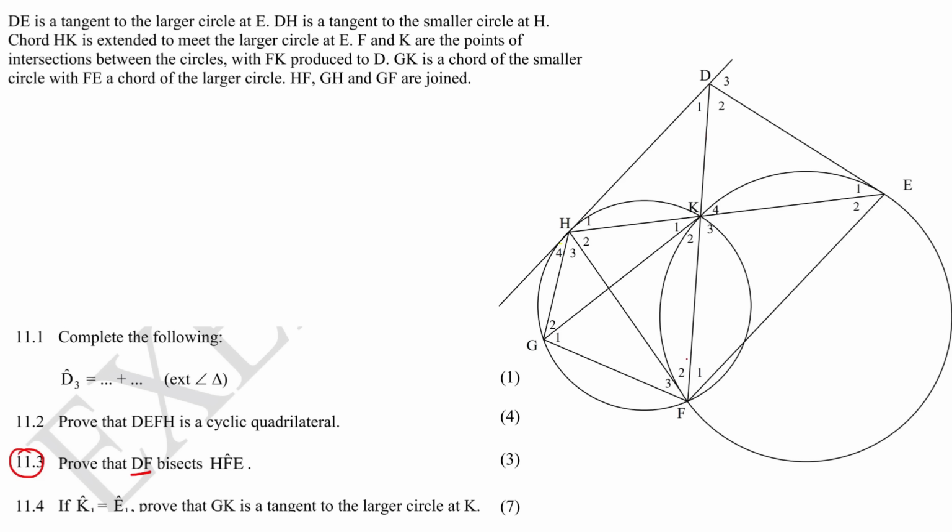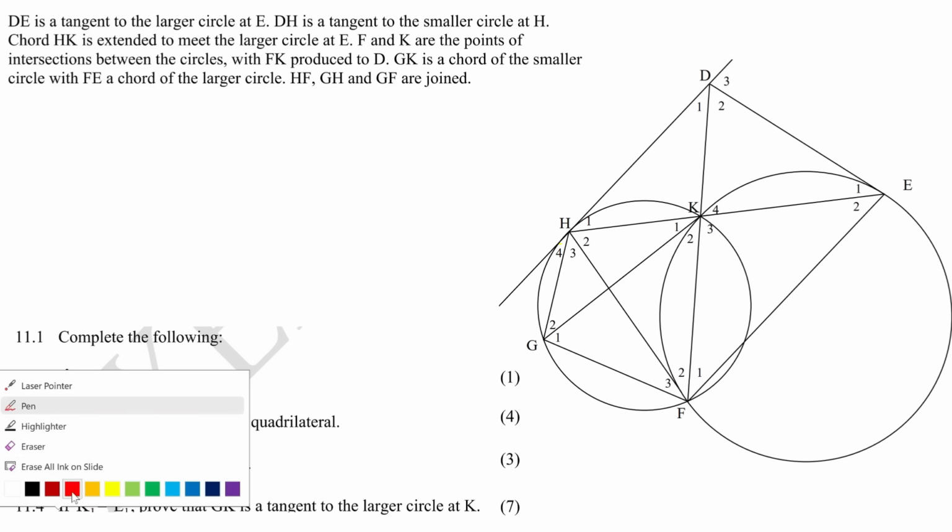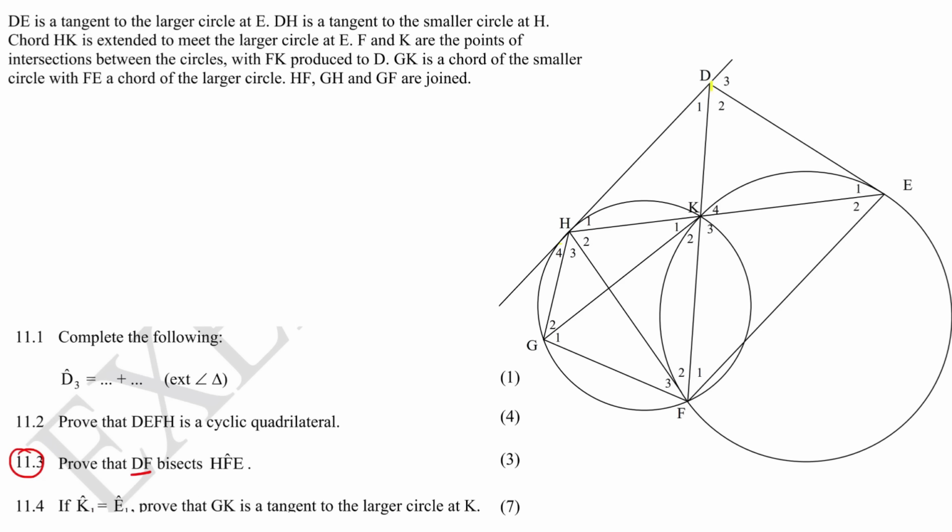So remember what we've got to try to prove is that those two are the same. Now what we must remember is very often they like to base the next questions off previous things. So we've just had to show that this is actually a cyclic quad. And so because it's now a cyclic quad, we can use all of the cyclic quad properties.